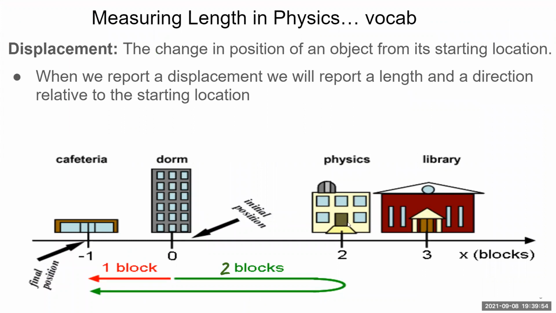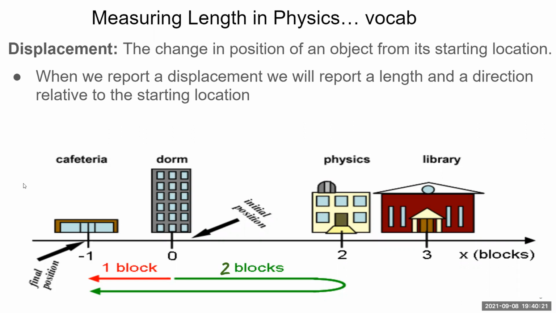Let's travel to the physics building and then from the physics building to the cafeteria. What is our total distance traveled as we go from the dorm to the physics building to the cafeteria? You can pause the video if you need a minute to think.